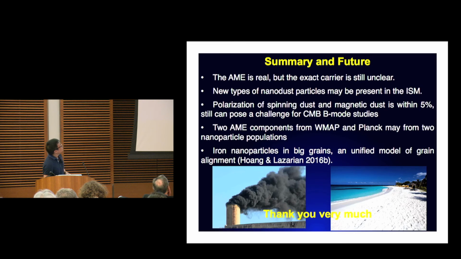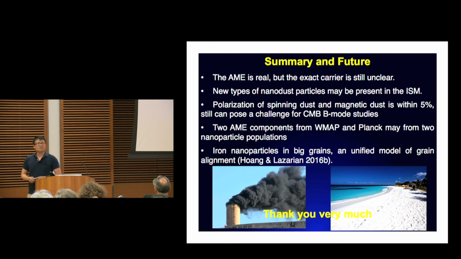Another thing: if we have iron nanoparticles in the interstellar medium, there may more likely be iron nanoparticles embedded in big silicate grains. If that happens, the big silicate grains have an enhanced magnetic susceptibility, and it results in the new unified model of grain alignment that we propose in this paper.